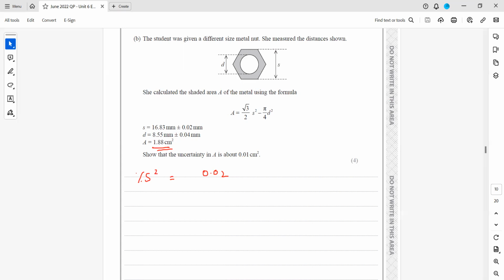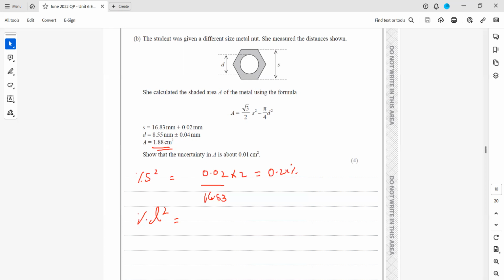We'll get the same percentage. So 0.02 divided by value recorded 16.83, and this will be multiplied by 2. Why? Because it is S square. If it was S cube, multiplied by 3, S4 multiplied by 4. And percentage uncertainty in D square, so this will give us 0.24%.